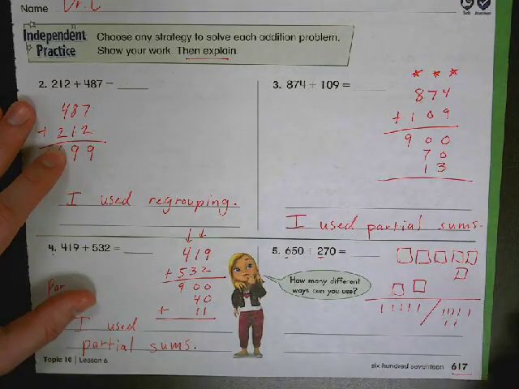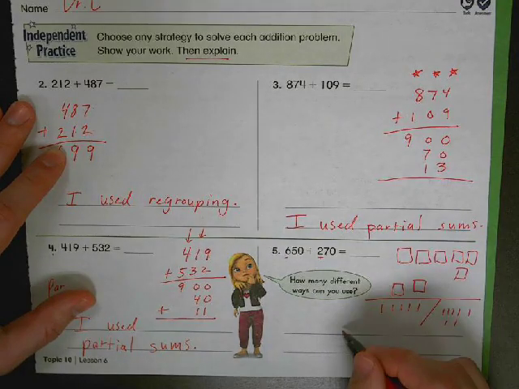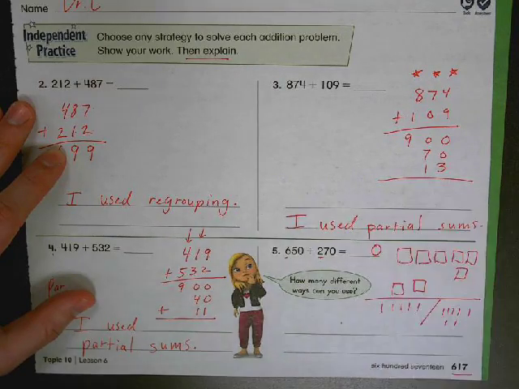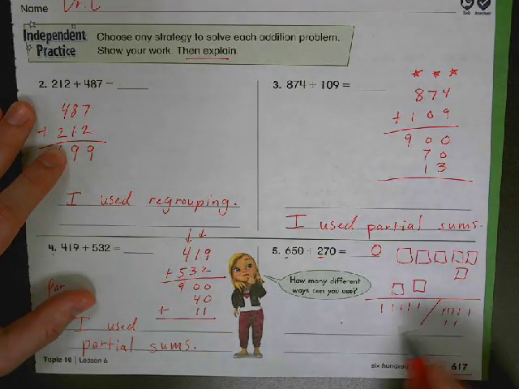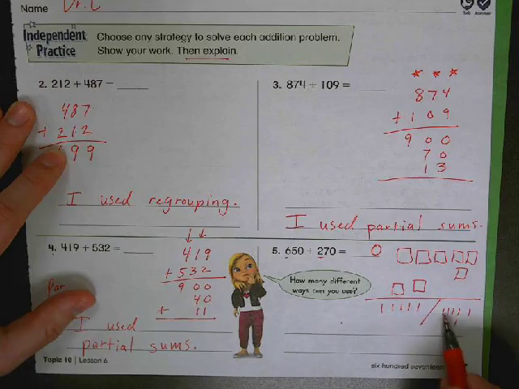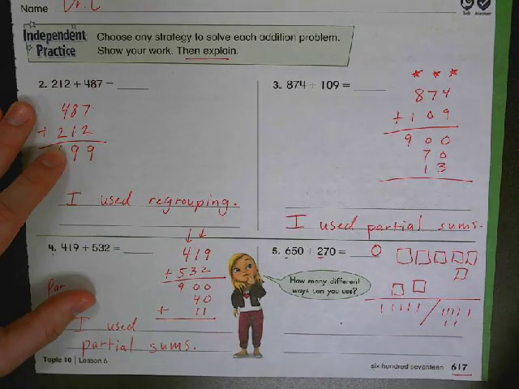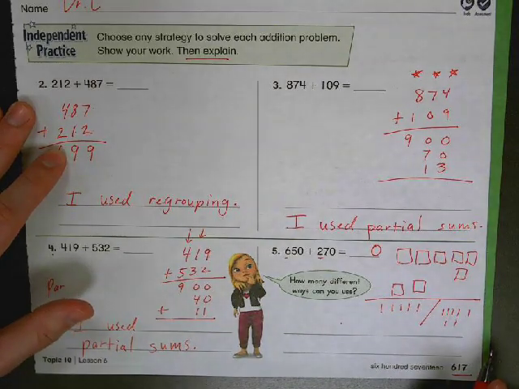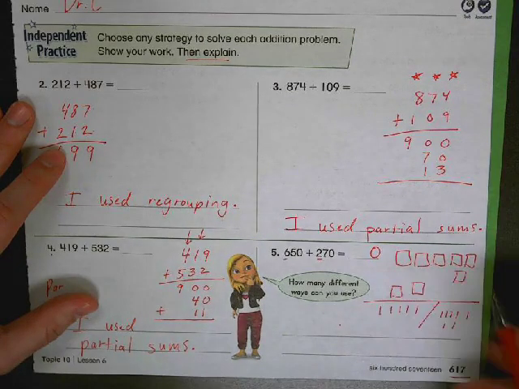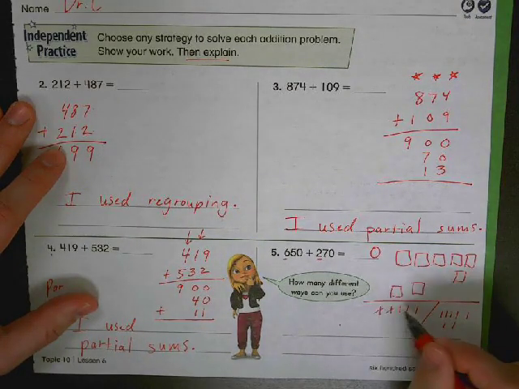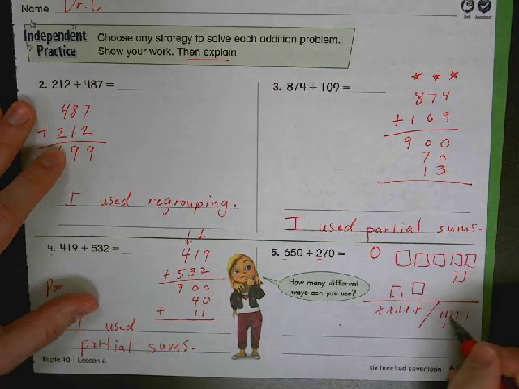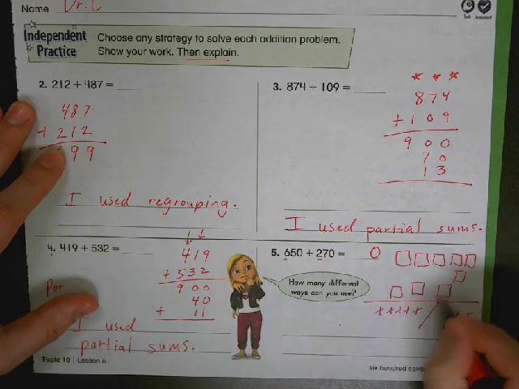So now I've got to add it all together. I clearly have 0 ones. Tens, I have 10, 20, 30, 40, 50, 60, 70, 80, 90, 100, 110, 120. Ooh, problem. Gotta regroup. Let's exchange 10 of them, 1, 2, 3, 4, 5, 6, 7, 8, 9, 10, for 100.